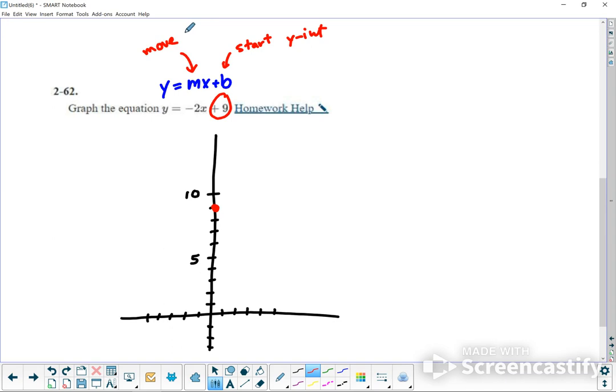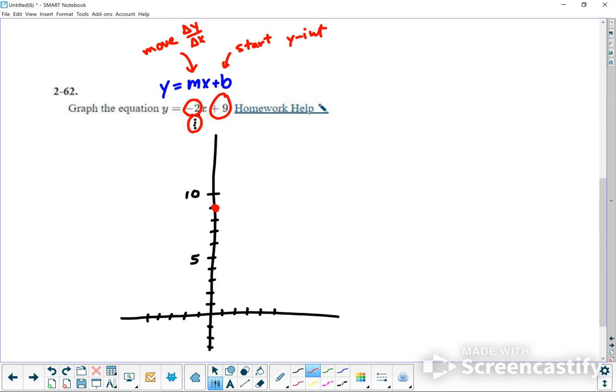This is your change in y over change in x, right? So this tells you how to move, and in this case it's just a -2, but because it's not a fraction, we can make it into a fraction, so it's -2 over 1, which means that we're going to go down 2, because that's your change in y, and we're going to go to the right 1 time.